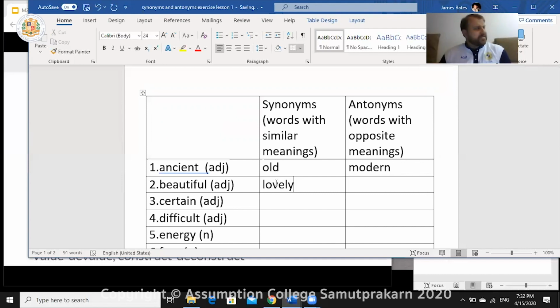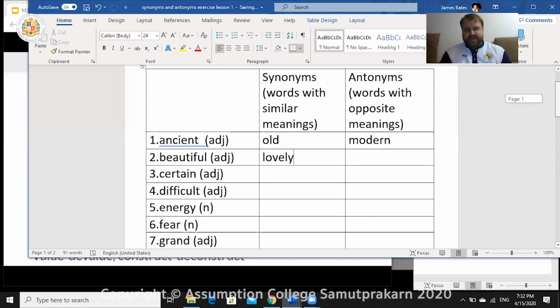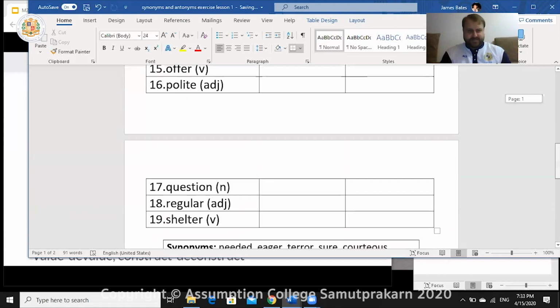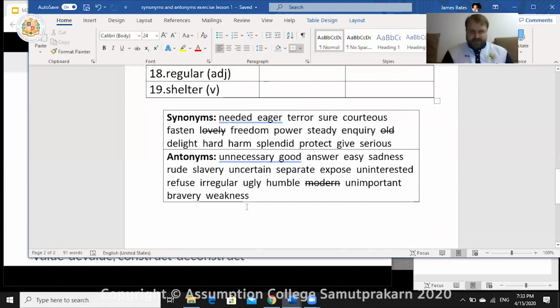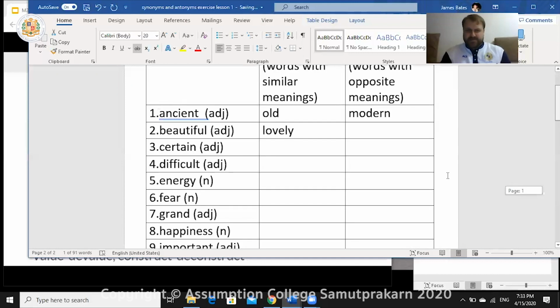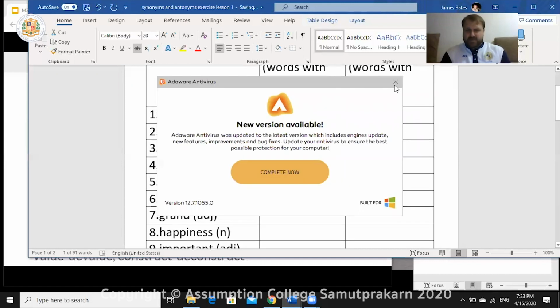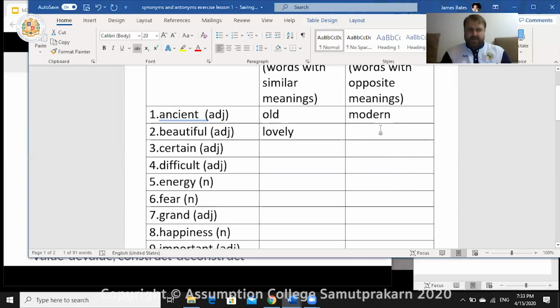The opposite of beautiful and lovely, I bet you can guess what that is. So look, go through. Humble, unimportant. There we go, ugly. That's the opposite. That's the antonym. Ugly.